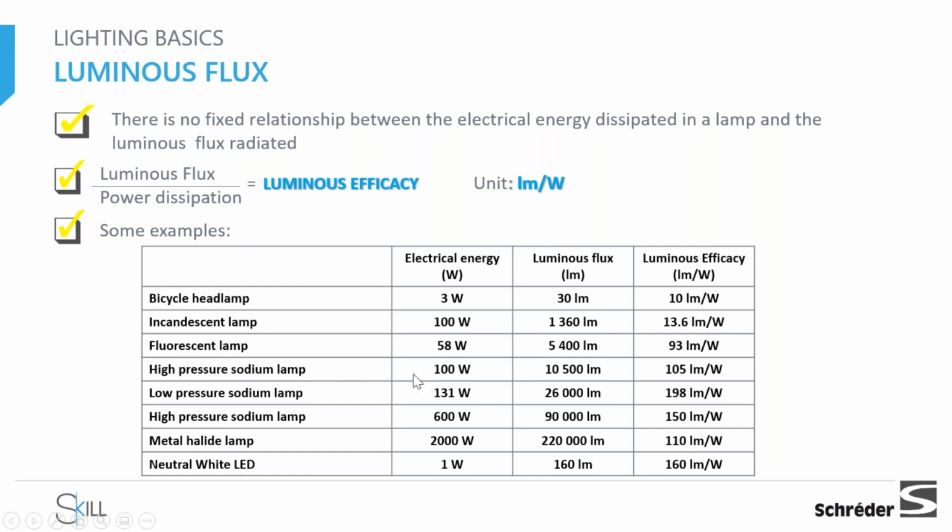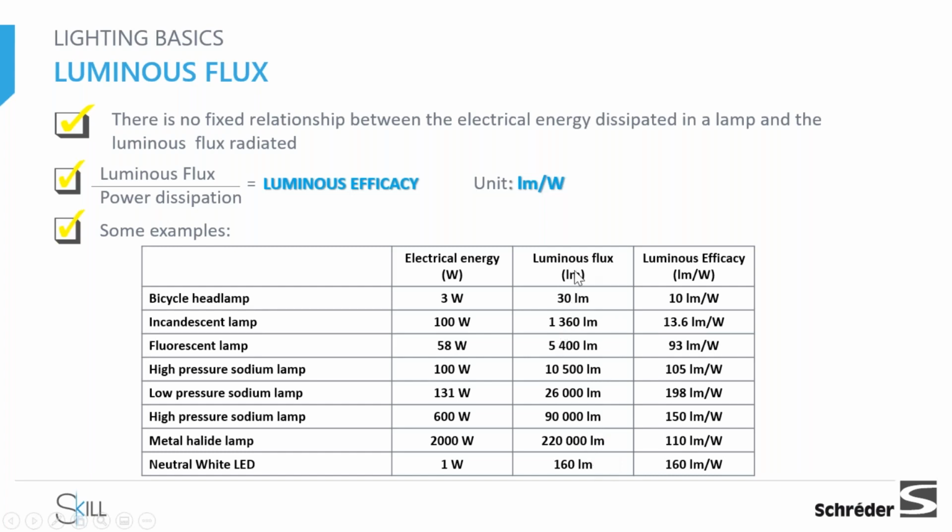If we go to high pressure sodium for 100 watt, we will have something around 105. For metal halide, we might have for 2000 watt, almost 220,000 lumens. And for neutral white, for one LED, we can have 160 earlier. And right now, we are almost achieving 185 in some of the LED chips. You see there's a big variety of those.